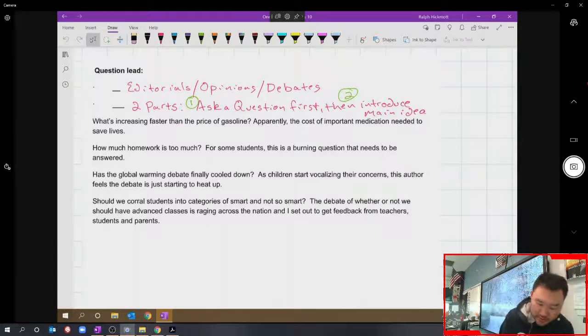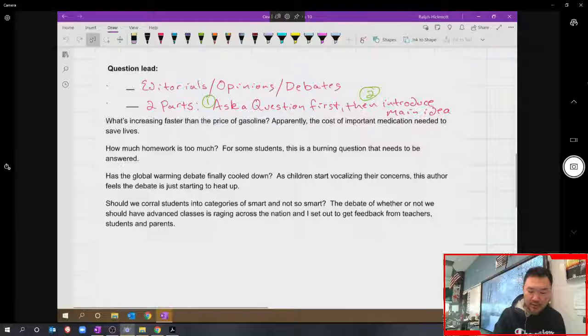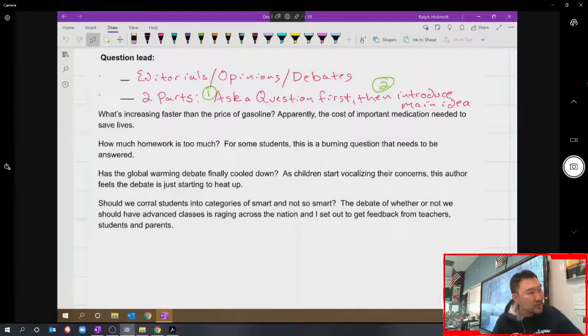So here are some examples that showcase this. I'm going to go to the second one because this one is kind of common from a student perspective. How much homework is too much? For some students, this is a burning question that needs to be answered. Very impactful question lead.